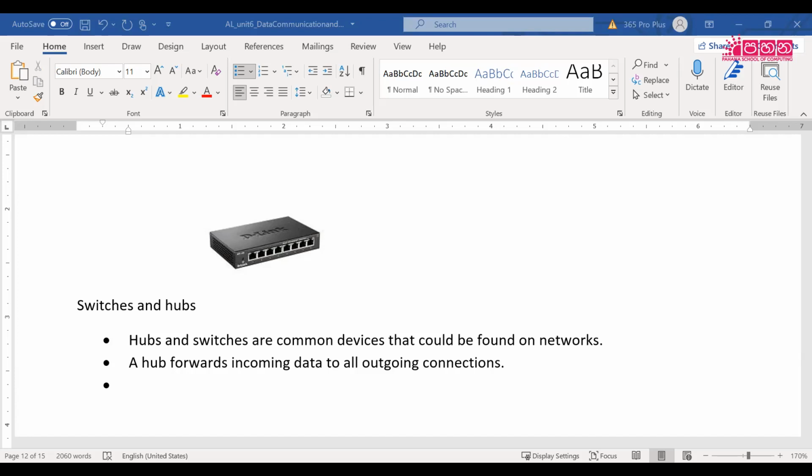So you can say that this is a hardware device, right? And then it'll distribute this from one point to another.